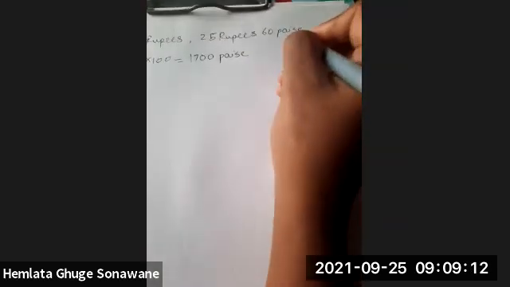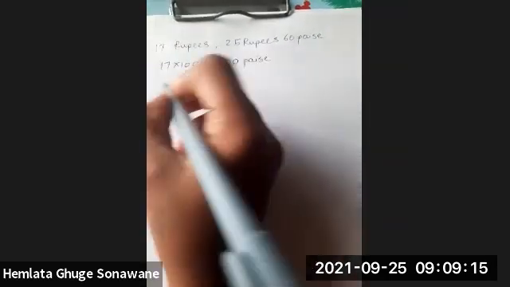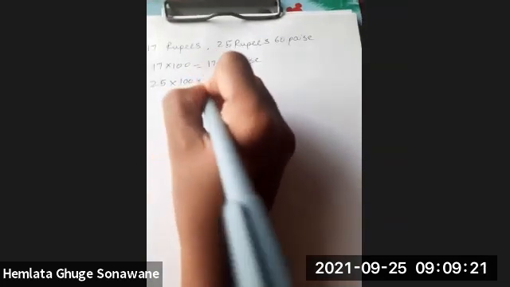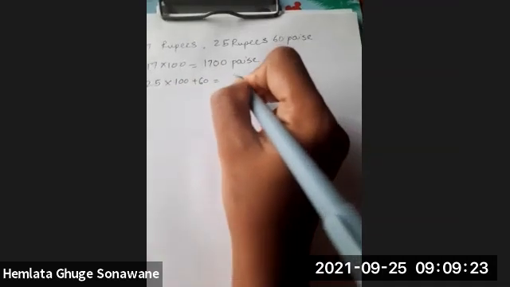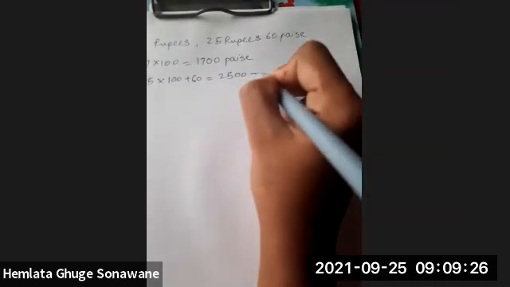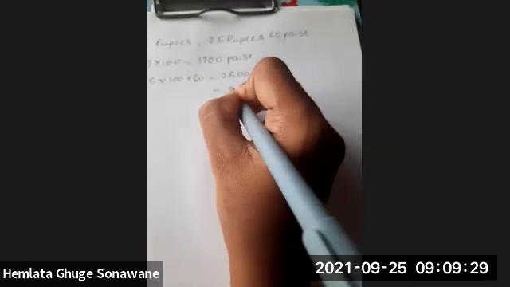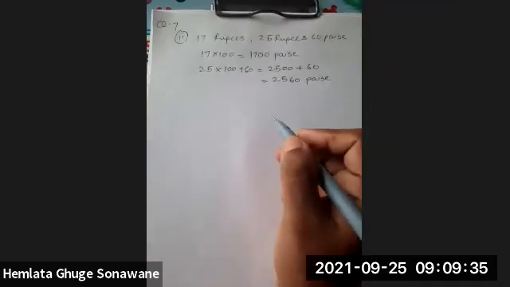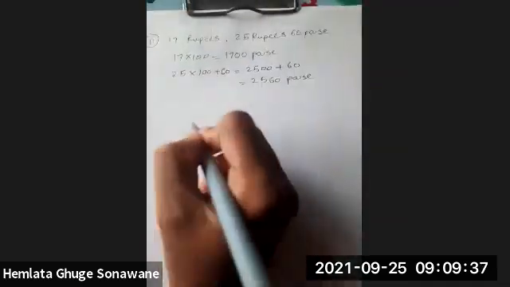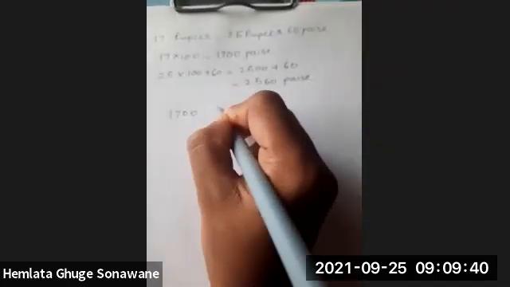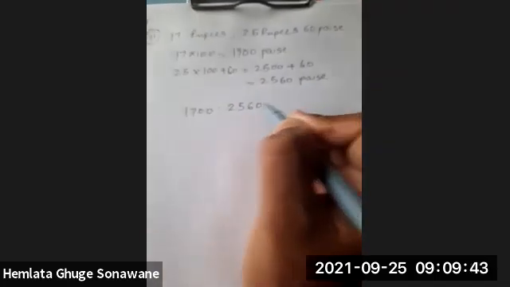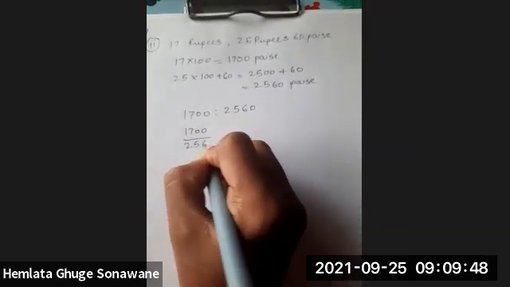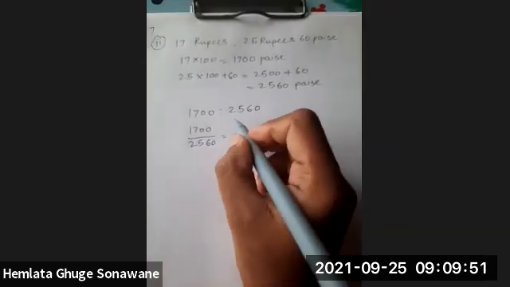Now this 25 rupees 60 paise, 25 rupees, 25 into 100 plus 60. So it becomes 2500 plus 60, that is 2560 paise. Now we'll take its ratio, 1700 paise to 2560. We'll write 1700 upon 2560. Now we'll simplify this.